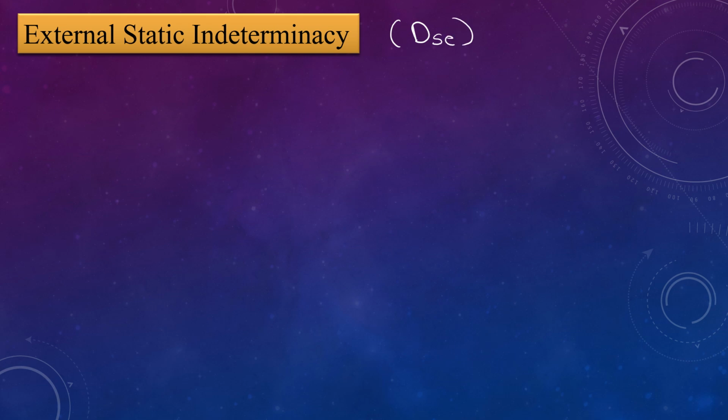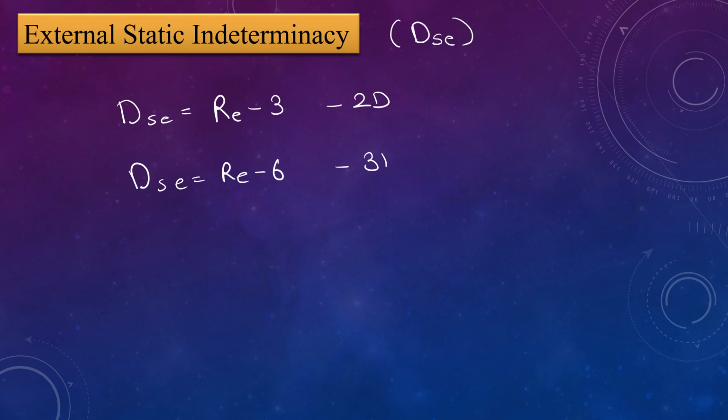So the formula for DSE is DSE is equal to RE minus 3 for 2D structure and DSE is equal to RE minus 6 for 3D structure. Okay, so here the RE is the total number of unknown reactions.